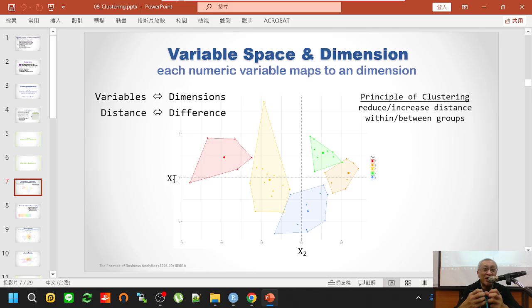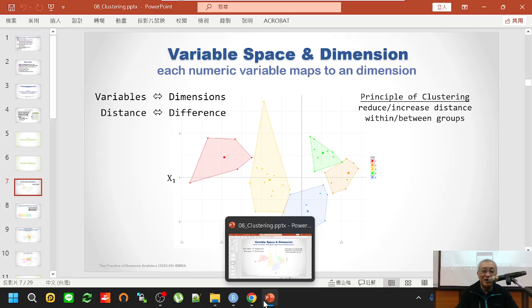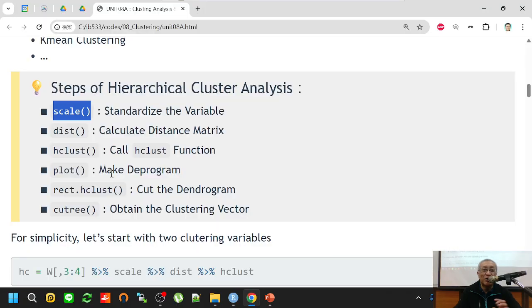If we want every variable to have equal importance when we are doing the clustering, first of all there is a technique we call scaling, right? Normalize or scaling, right?